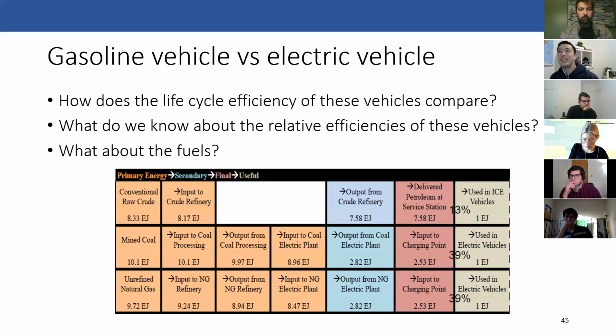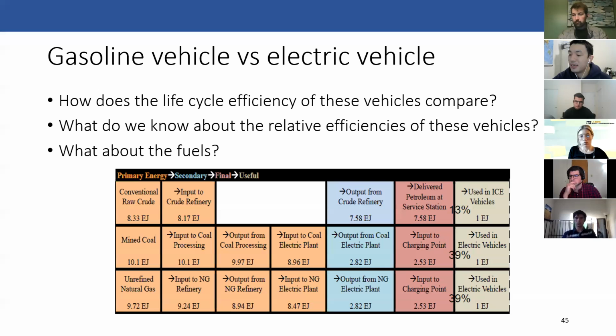But at the end of the day, it ends up being somewhat close, and what you're comparing across the full life cycle is a more fair comparison: what's the efficiency of the combustion engine versus the efficiency of a turbine in a power plant, which is the thing that's actually burning the fuel? And so I think this gives a nice view of the full efficiency across the pathway from primary energy to useful energy.